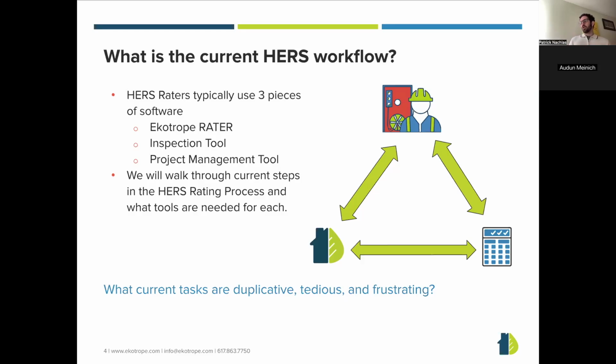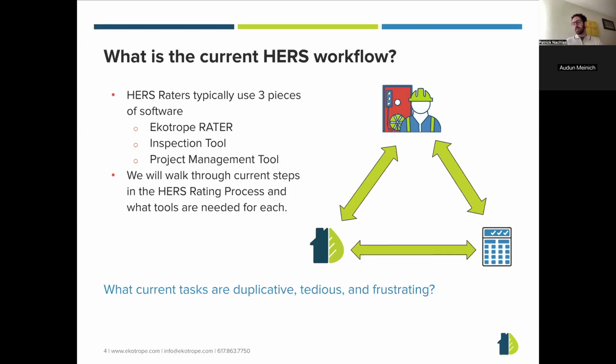Currently, these three tools either are integrated and able to talk to each other automatically, or there is a manual process where someone is taking data from an inspection form and updating Ekotrope, or manually taking information from Ekotrope and putting it into their project management system. And there are a lot of manual administrative tasks that can be duplicative, tedious, and frustrating.